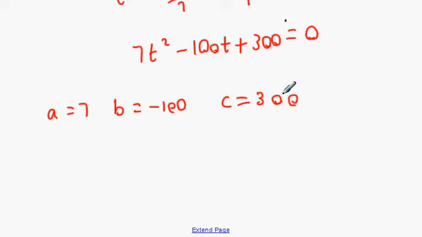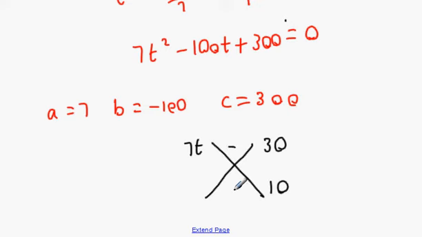Okay, so we could big X this if you want. So if you big X it, what do you get? 7t, and 30 here, and 10 here, minus and minus, big T here.